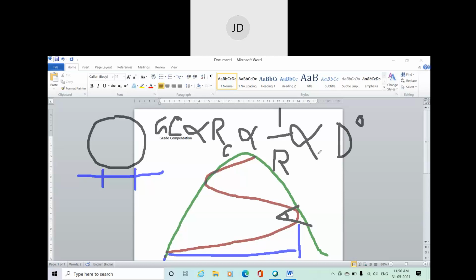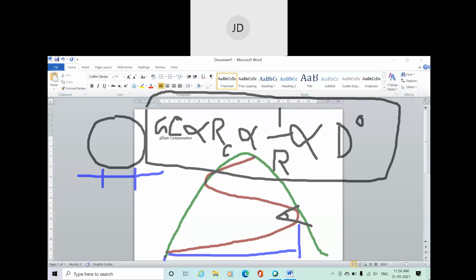In the next class, we're going to discuss horizontal curves in railway, and in that class we're going to prove that the radius of the curve is inversely proportional to the degree of the curve. From this point of view, we can connect these two terms. So the grade compensation is directly proportional to the degree of the curve. Is it clear to you?